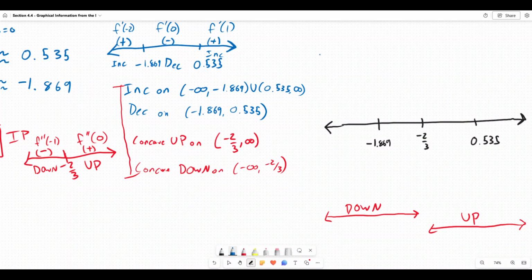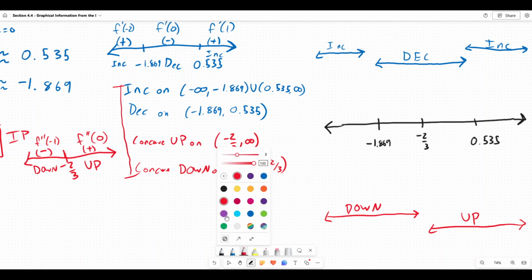From the first derivative test, we're going to be increasing, followed by decreasing, followed by increasing. Okay, now I just have to put in the behaviors. So, first section, from negative infinity to negative 1.869, I'm increasing, concave down. What does that look like?